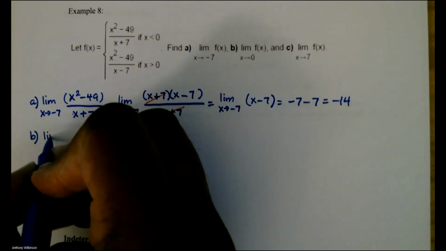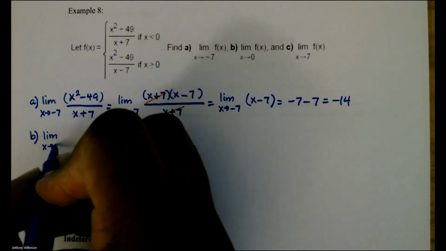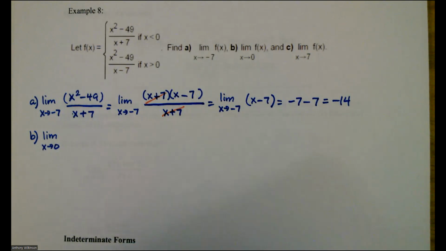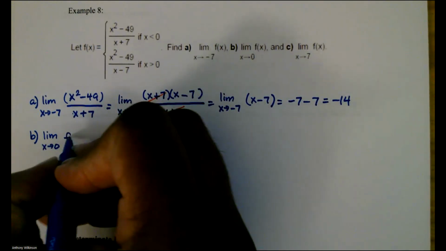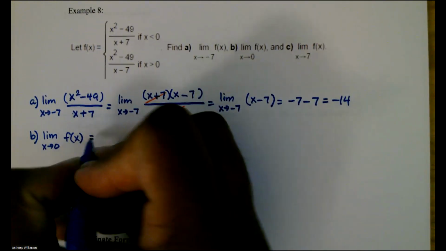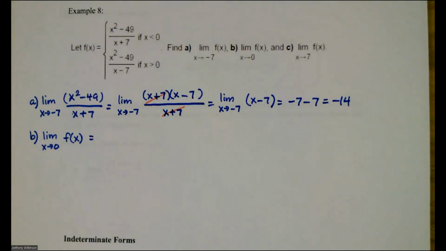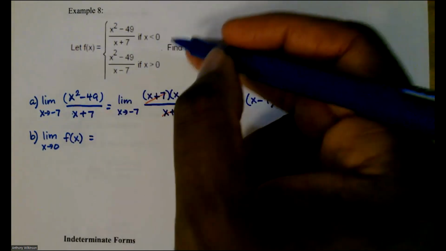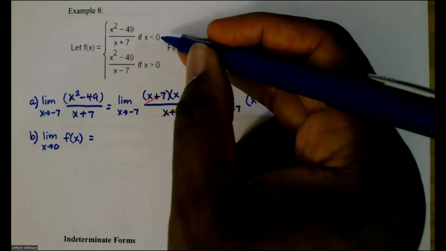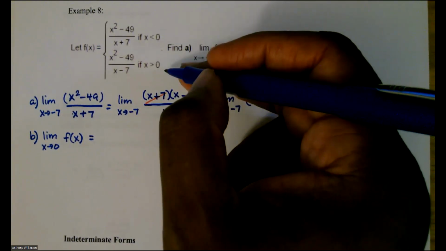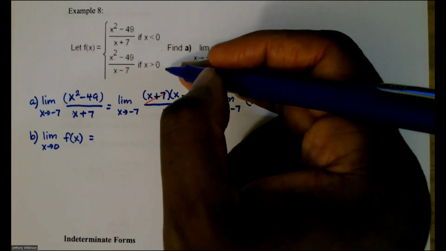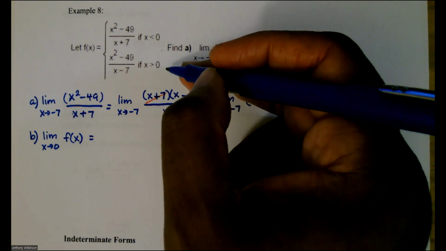Now part B is the limit as x approaches 0 of f of x. Now, our x value is 0. Is there an expression for x equal to 0? In this case, there isn't.